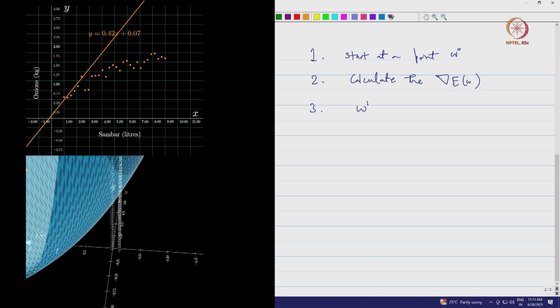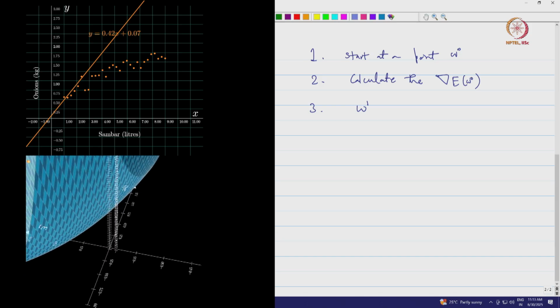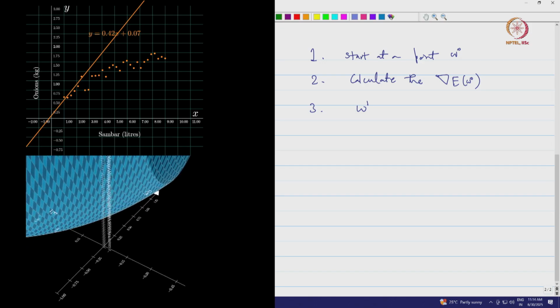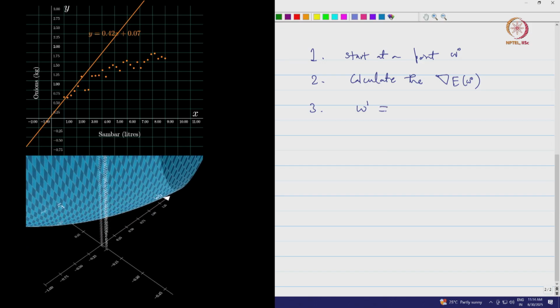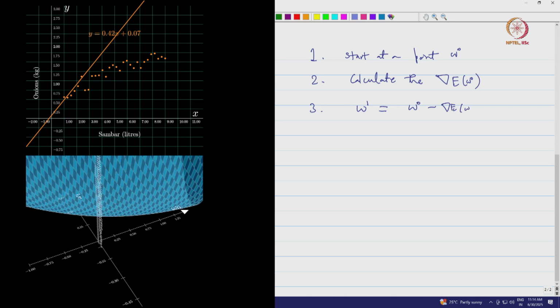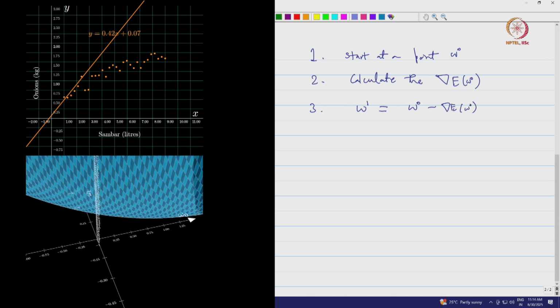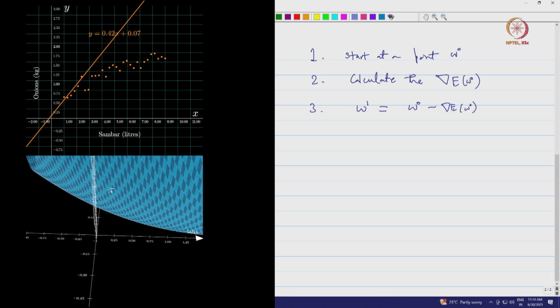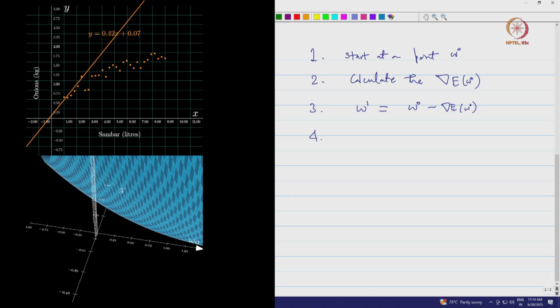So we compute nabla E of omega naught, the gradient, and then omega 1, the next step. That was the 0th step. The next step: omega 1 equals omega naught minus nabla E of omega naught, meaning moving in the opposite direction. And this is what is done iteratively.